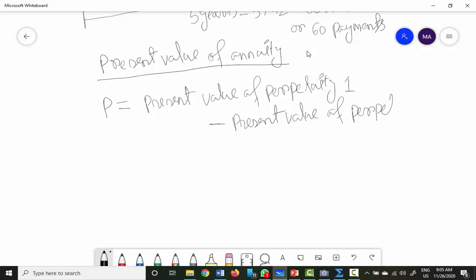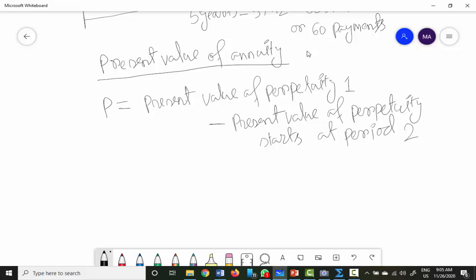Perpetuity 2 starts at period T. So that means to find out the present value of annuity, we need to take two perpetuities.